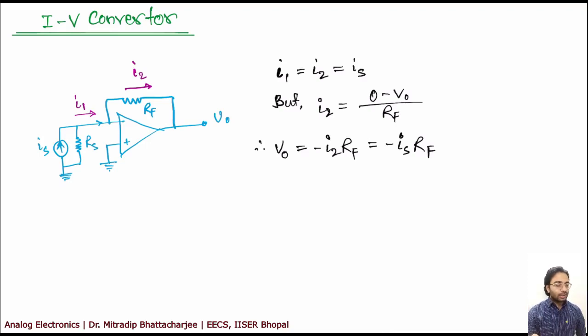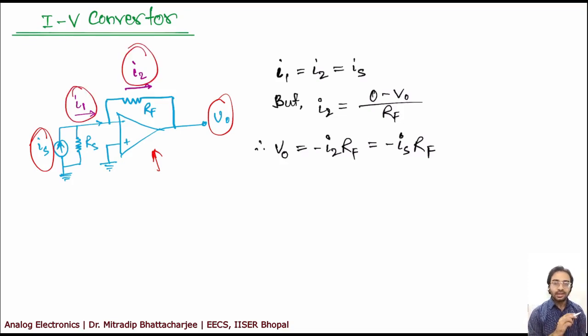Then there is another circuit called the IV converter. IV converter means your output voltage will be a linear function of your input current. If this is your requirement and you use this type of circuit, it is very evident that your I1 is equal to I2.